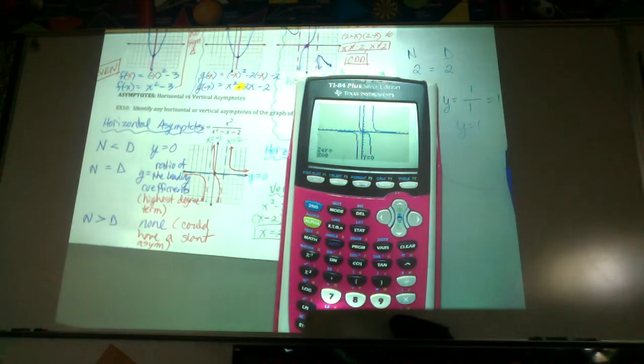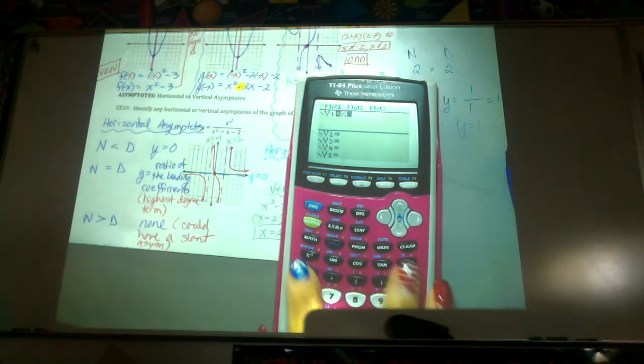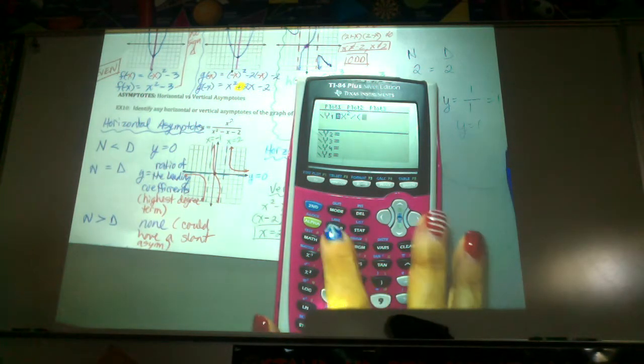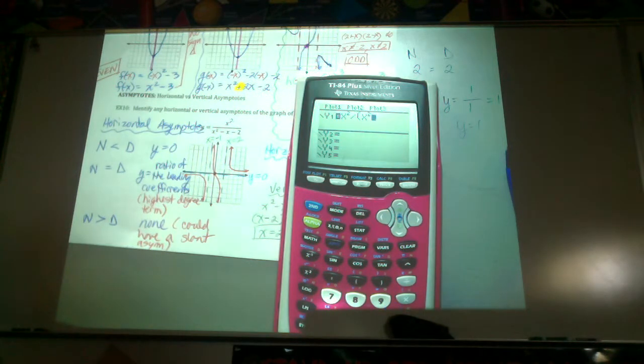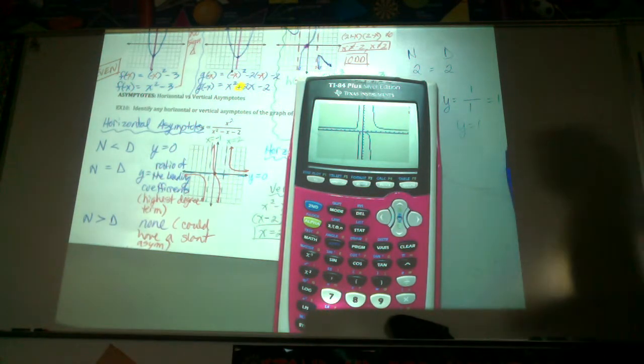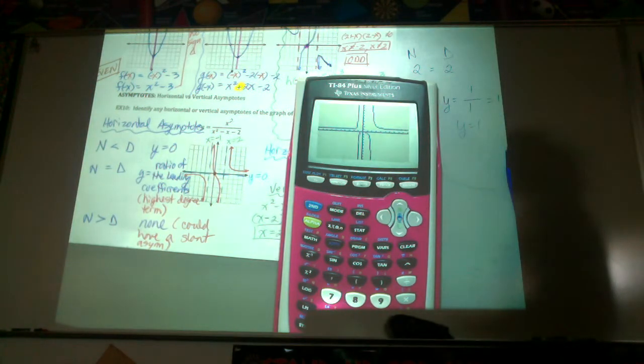Watch what happens if I change my equation and y equals. So I get x squared divided by, is it approaching y equals 1? Hard to tell, but it's definitely higher above than the last graph was, right?